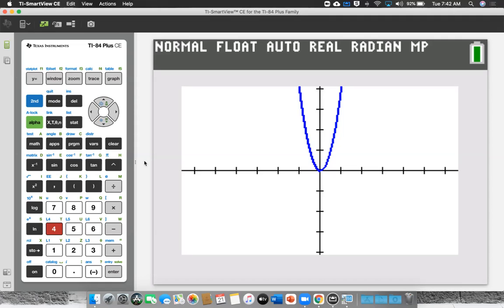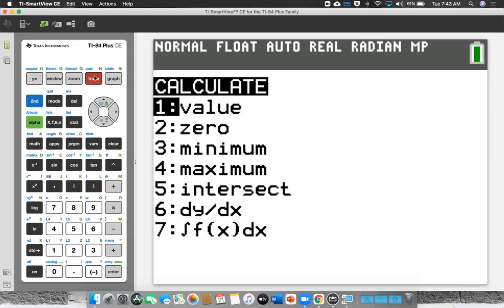So the calculator will help us do that. So how do we calculate the zeros if there are more than one? Right above trace, right next to zoom, is a blue calc. You see a blue calc up there. That's the button I want because I want to calculate things. So second, calc, and it gives me things that I can calculate.